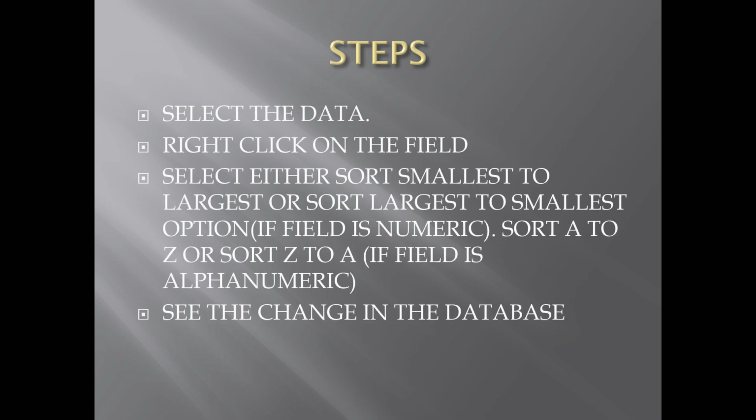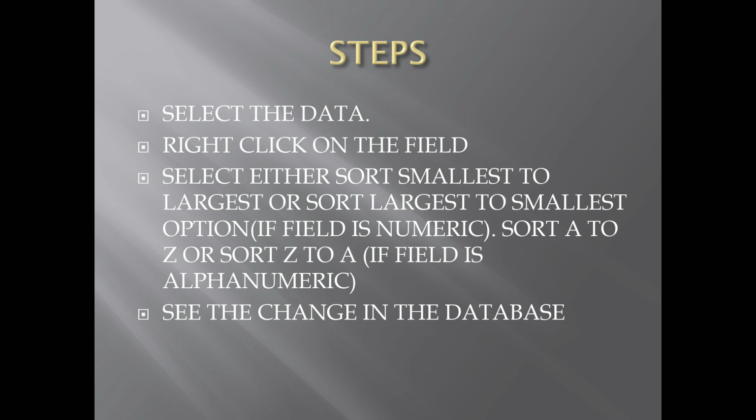Now we'll learn the steps how to sort the data within a table. It's similar to your Excel only, no change. Exact similar to your Excel. The steps are, see, select the data, right click on the field, select either sort smallest to largest or sort largest to smallest option if the field is numeric. Alphanumeric means your letters, okay, names, address, okay.